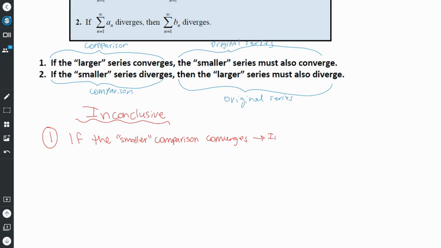That means inconclusive. The comparison has to be larger and converge for the original series to also converge. If the larger comparison diverges, then it's also inconclusive.